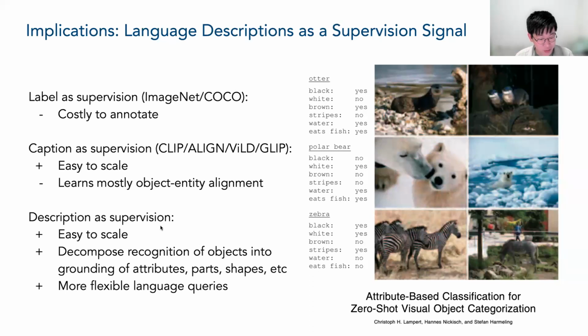You just ask GPT to rewrite the text part of your pre-training data, and you are somehow decomposing the task of object recognition into grounding their attributes, parts, shapes, etc. But we don't do a very explicit split in the description, like this part is the attributes, this part is the parts, this part is the shapes. We just ask GPT to write whatever it thinks is most relevant. Now you can support more flexible language queries.